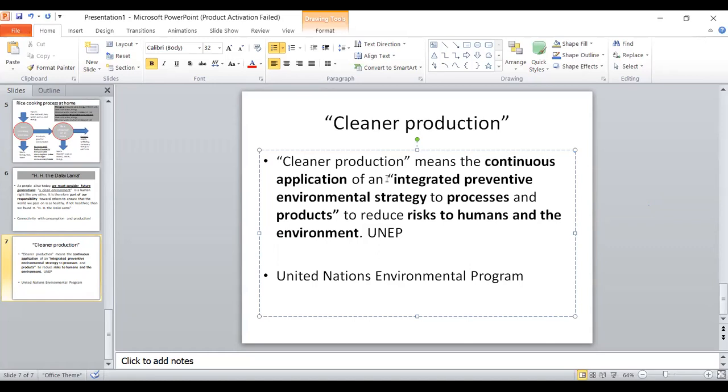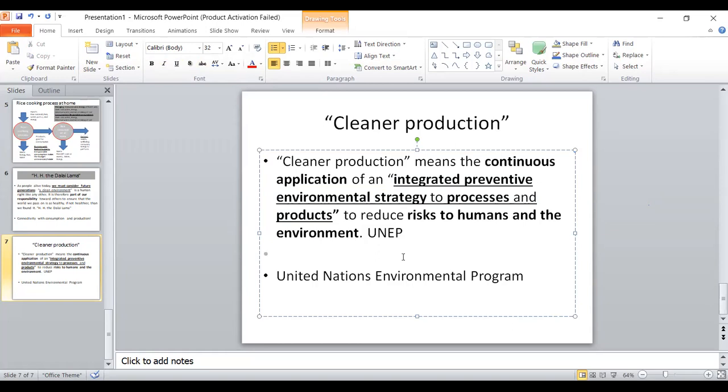Once you understand this, I think you are almost done in this module. So, cleaner production. Good.